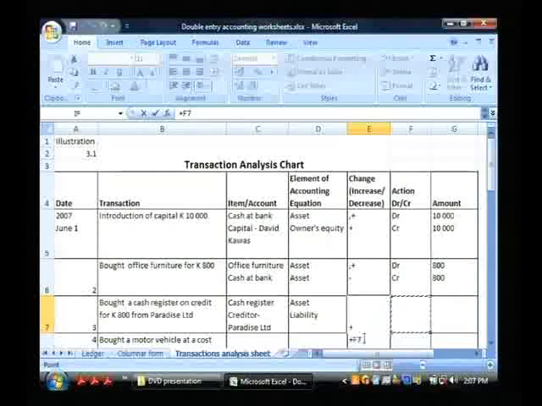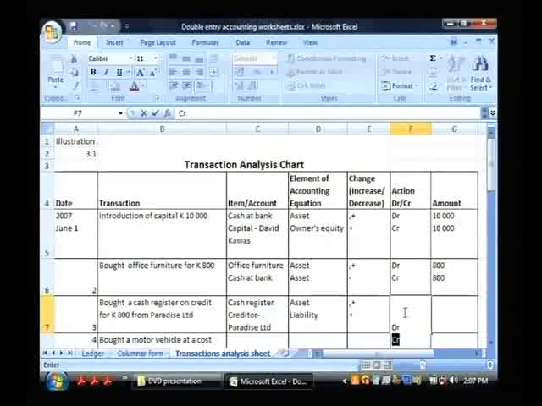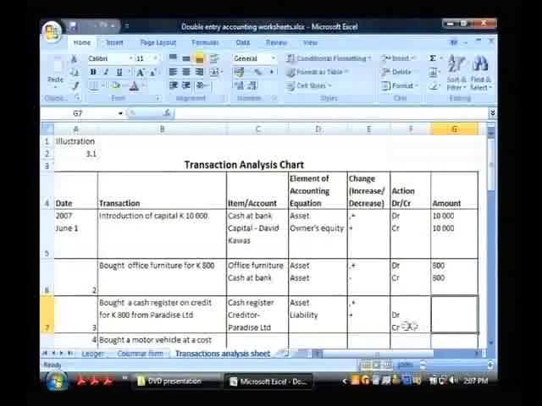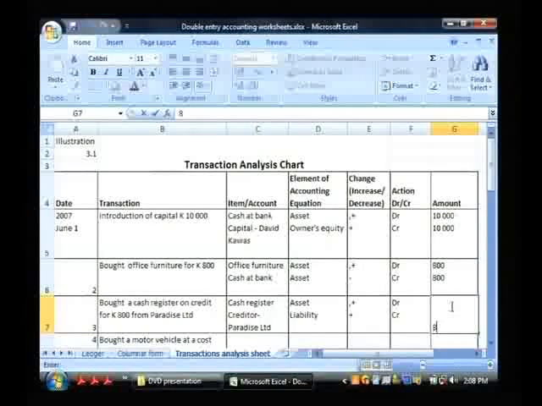Now we have increases, both increase in this case. Now look at the action. Action is increase of assets, debit, and increase of liability is credit. Amount involved in this case is again 800 kina, right? 800 here in both places.